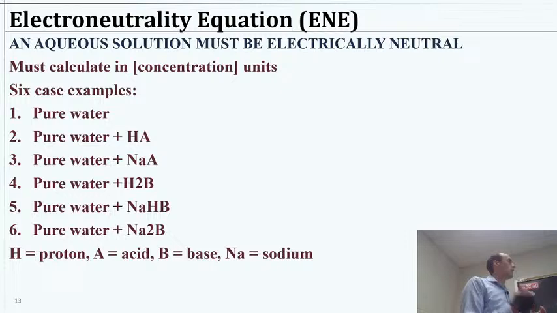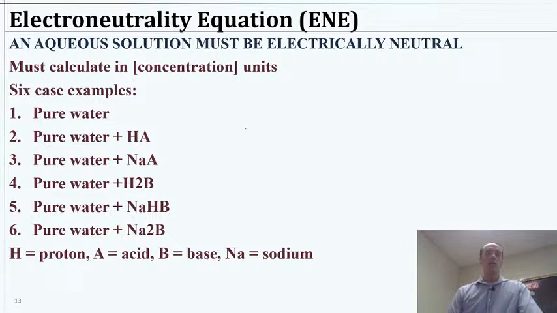But just walking through each one of these will give us some appreciation for, okay, what does pure water look like? Of course, that'll be relatively simple. The charges in pure water, if we can achieve pure water, would be the H plus and the OH minus. So that'll be really simple. But then, okay, what does it look like when we add some acid?